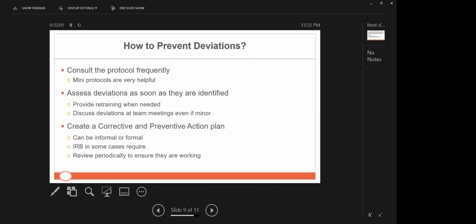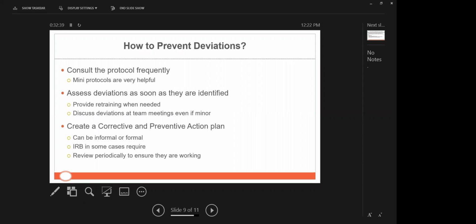Make sure you consult the protocol frequently, especially in the beginning and as you're getting familiar with the protocol. Many sponsors do provide a mini protocol, and these are really helpful because you can carry them with you, right? And I sometimes try to flag the more important parts so I can pull to them, like the inclusion-exclusion criteria or safety assessment and reporting criteria, maybe tables at the back that you need to reference if there are certain criteria about maybe equivalency of medications or medications that are not allowed in the protocol.